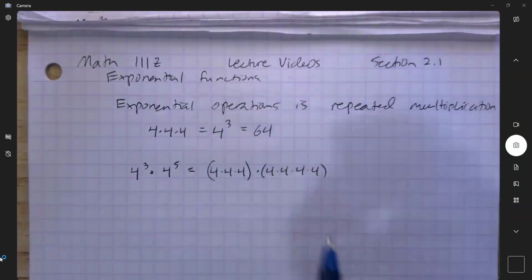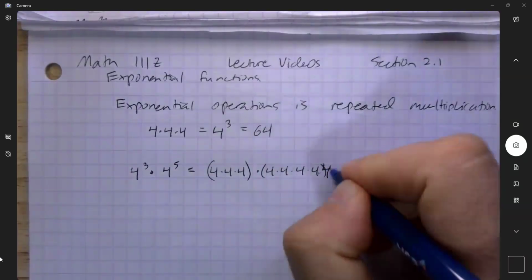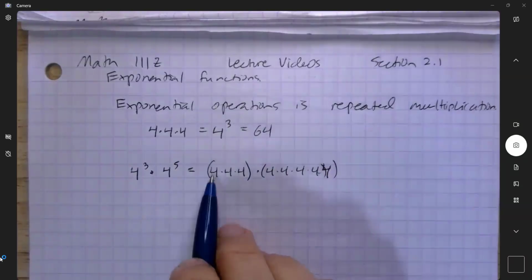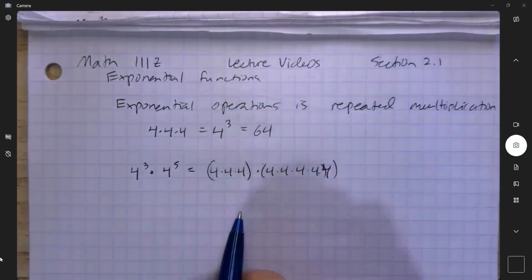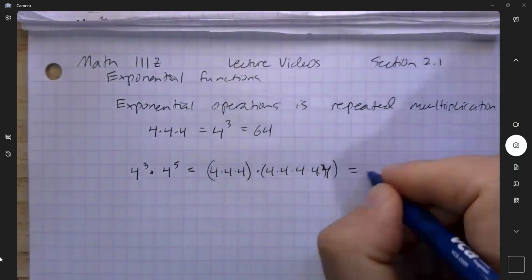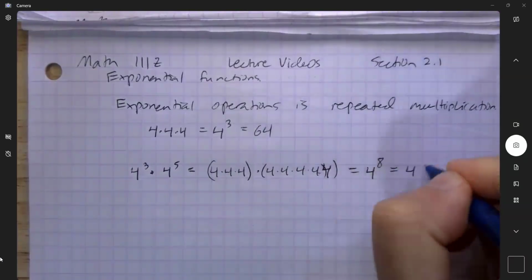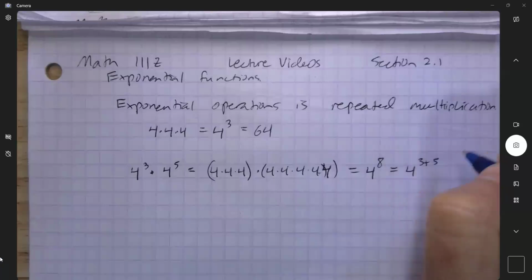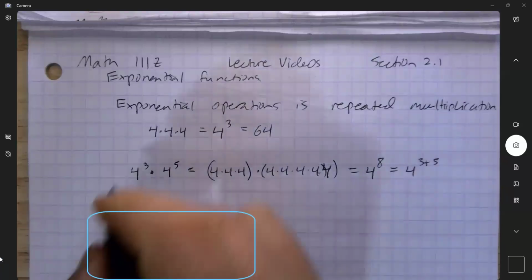Now it is 5 fours. So 4 times 4 times 4 times 4 times 4 times 4 times 4 times 4. That's 4 multiplied by itself 8 times, which is what you get when you add the exponents.